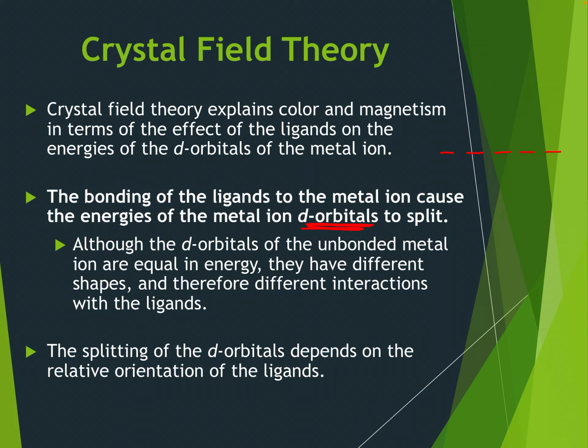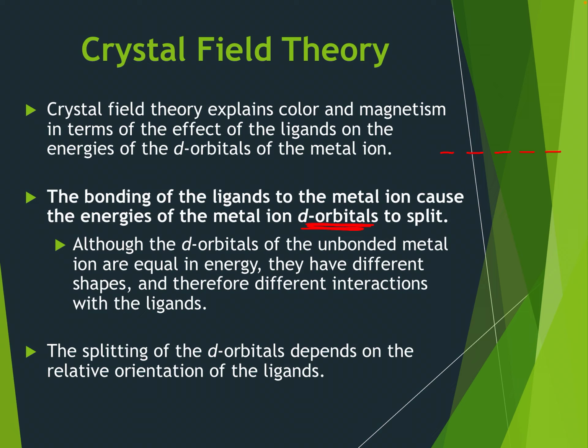Not all of these orbitals have the same shape. If you remember, we have s orbitals that are spherical, and then p orbitals that look like dumbbells, and then we call d orbitals double dumbbells and a dumbbell with a donut. We'll look at those in a minute, but they all have different shapes, and therefore they are going to interact with the ligand differently, which can affect their energies.